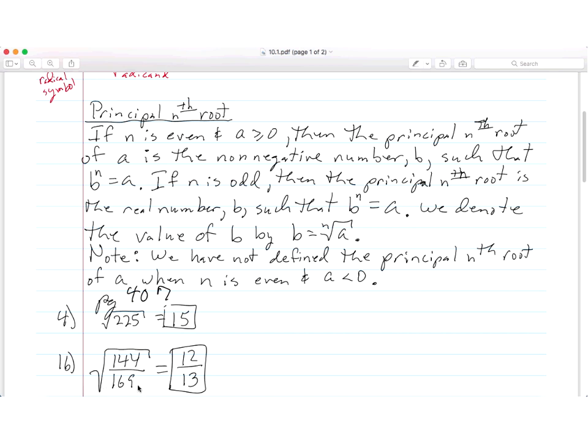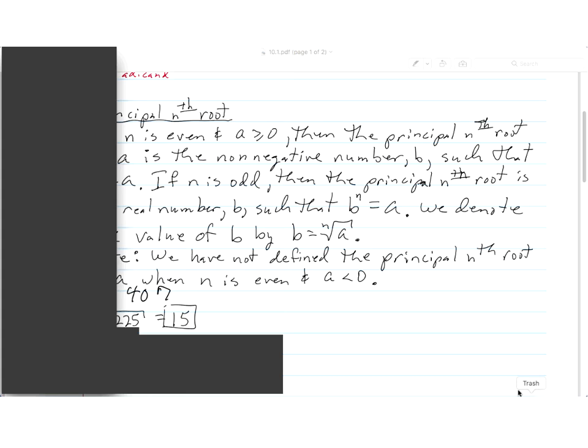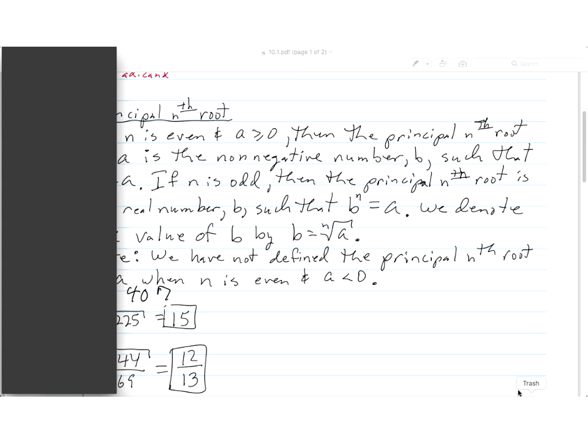The square root of 169 is 13, because 13 squared is 169. Therefore, the principal square root of 144 over 169 is 12 over 13. Any questions about that? Okay.